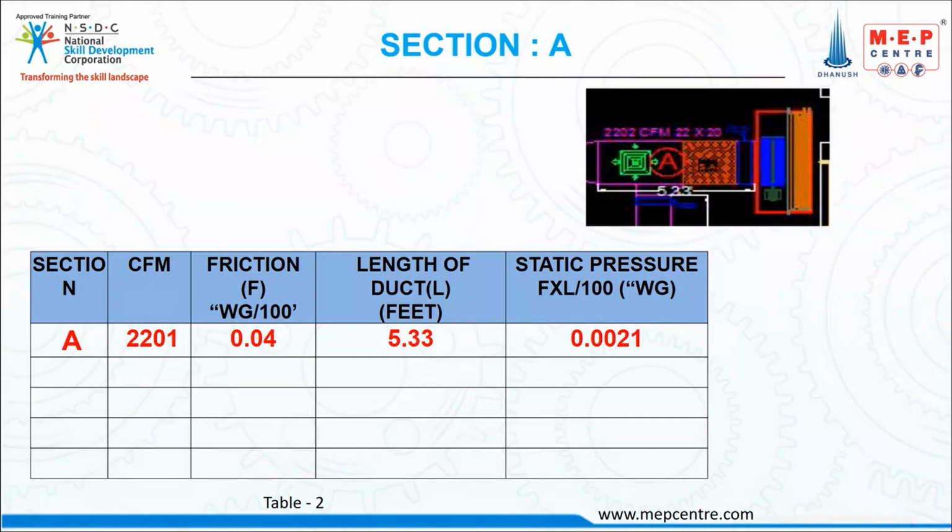How do we take maximum velocity and maximum CFM, right? Whatever friction value, head loss value you take there, that value is 0.04 here. Got it? The same value we take in the head loss here. Okay.